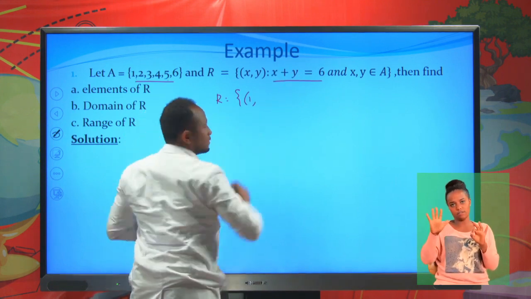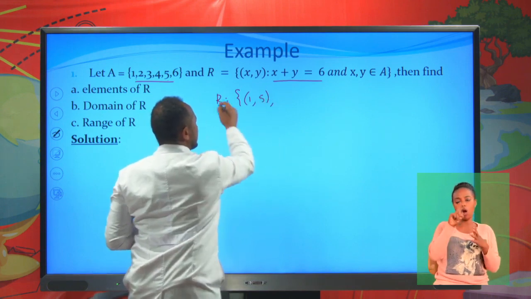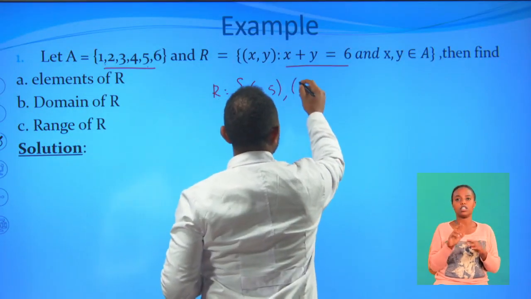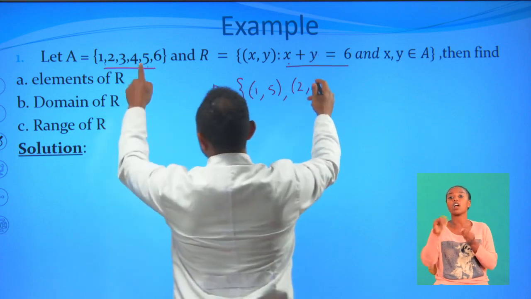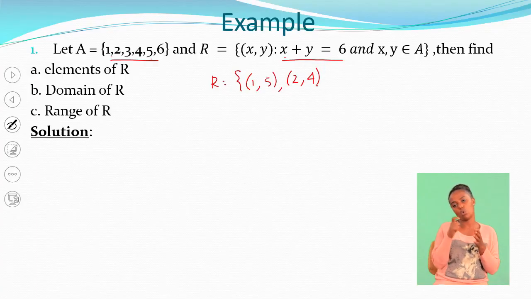We have 5 in A. So (1, 5) is one element of R. If you take 2, 2 plus y is 6, y must be 4. 4 is in A. So (2, 4) is another element.